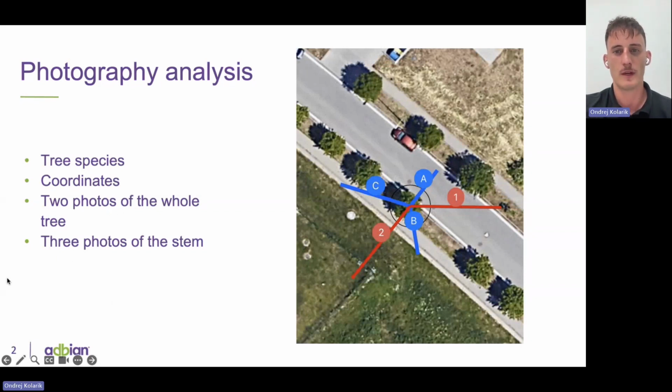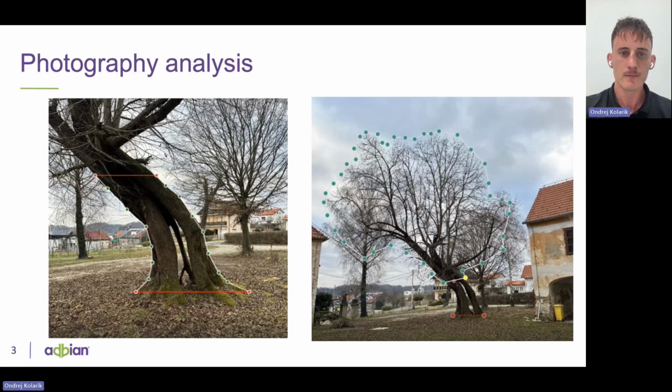And from the photos, we are calculating the geometry. With each photo, the user shows us the directions from which he's taking the photo, and with a beam, he's also measuring the distance. So this gives us more data to reconstruct the 3D model.